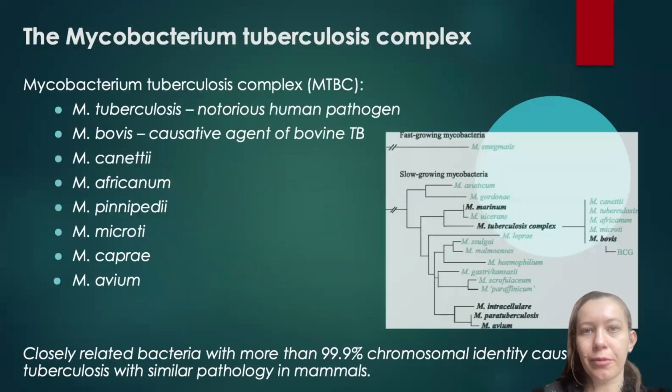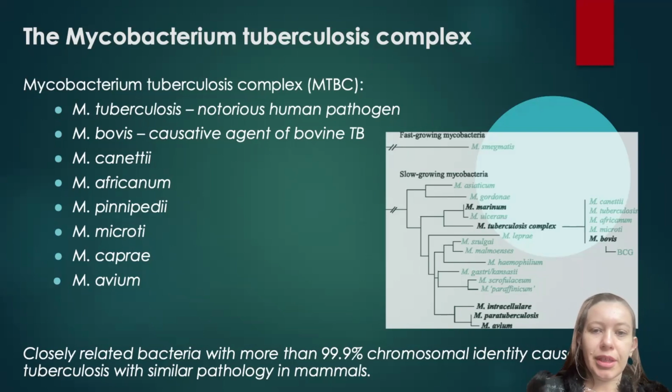And now a few words about the causative agent of bovine tuberculosis. Mycobacterium bovis is a causative agent of bovine tuberculosis, and it is a member of the Mycobacterium tuberculosis complex. This complex also includes such important human pathogens as Mycobacterium tuberculosis.